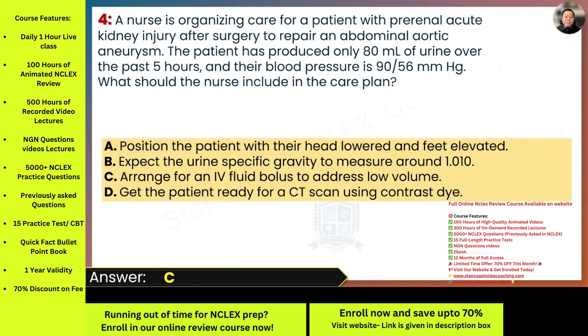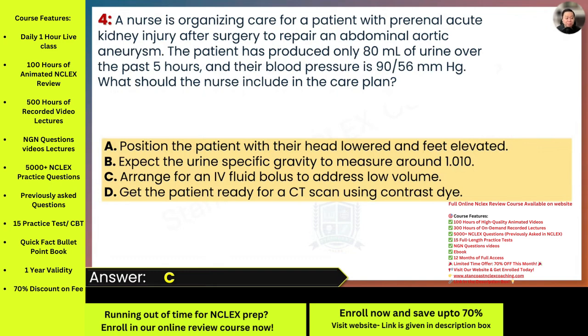And this will improve the blood flow to the kidneys and also increase their urine output. And so the key signs that you need to pay attention to here are the low blood pressure and the low urine output, which point to the problem. That's why we are going to do letter C.